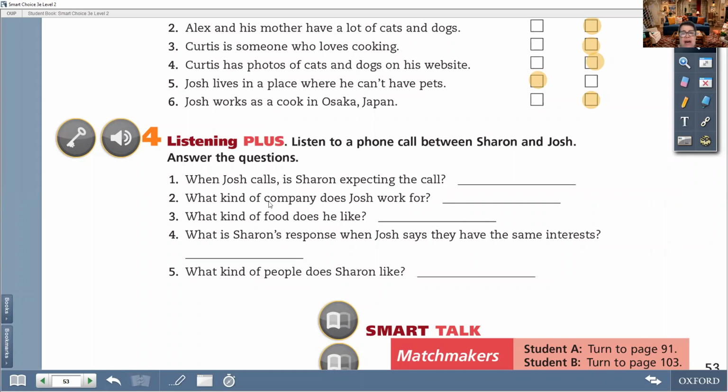Number 2, what kind of company does Josh work for? Number 3, what kind of food does he like? Number 4, what is Sharon's response when Josh says they have the same interests? And finally, number 5, what kind of people does Sharon like? So let's listen to that.